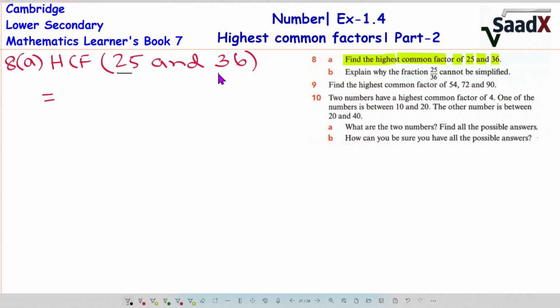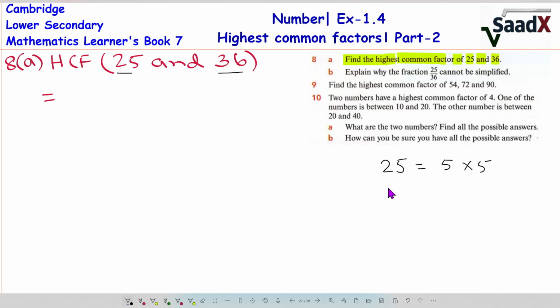25 and 36 are co-prime numbers because they have no common factor. If we simplify 25, we will get 5 times 5.